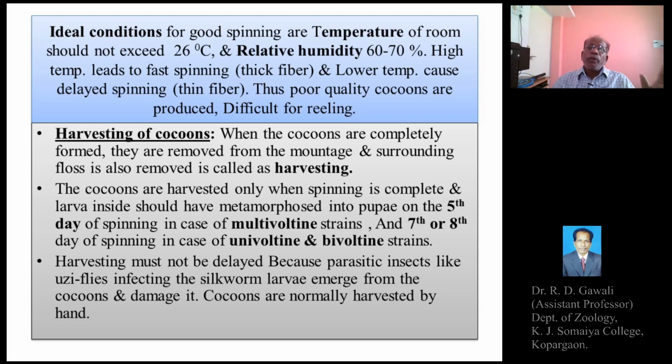Such damaged cocoons are rejected and will not get much price because it is difficult to reel them mechanically. They create difficulties in reeling, and that's why it is essential to harvest the cocoon at the proper time.